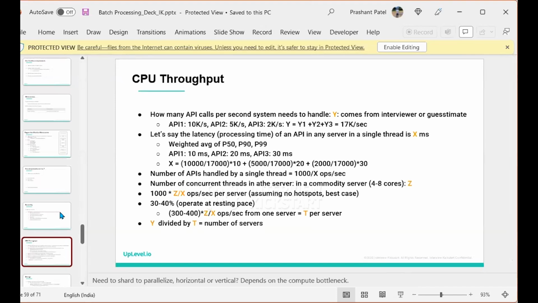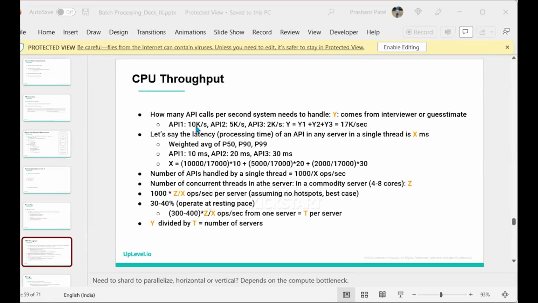Considering 10K requests per second for API 1, API 2 would have a little lesser hits, maybe 5K. API 3 would have usage that is very limited. Overall, queries would come out to something like 17K per second, adding all those.